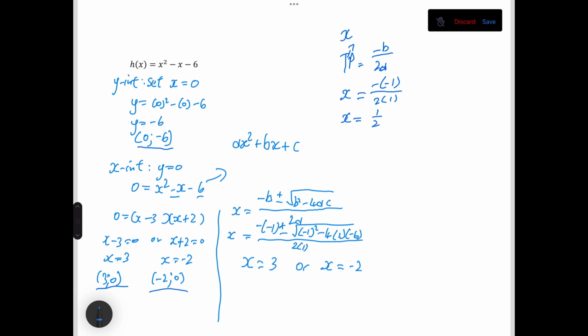Right. And so now to get the y value of the turning point, we need to substitute the x value into the original equation. So we put it in brackets: a half to the power of 2 minus a half in brackets, and then minus 6. And then y is equal to -25 over 4.